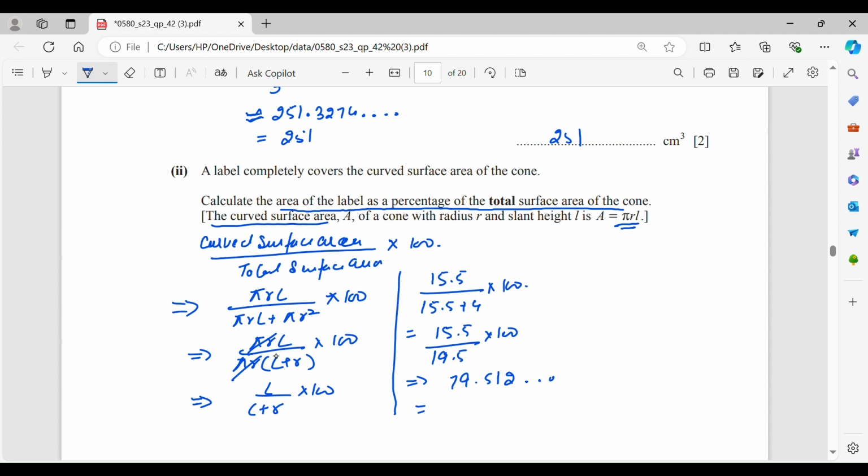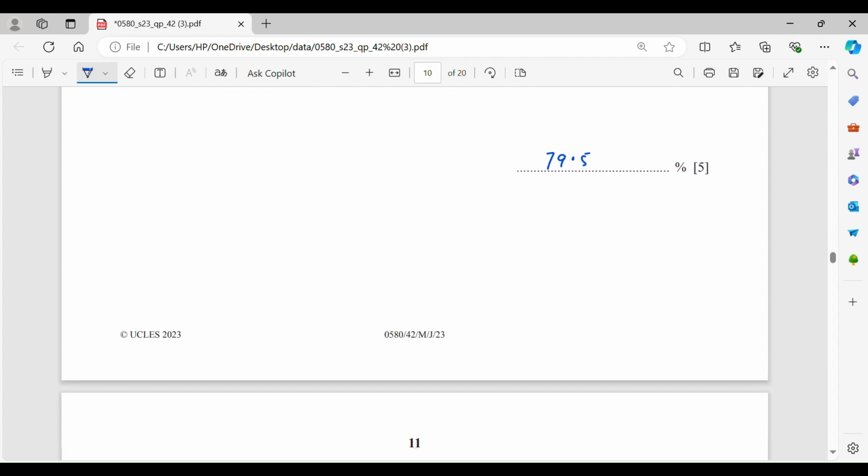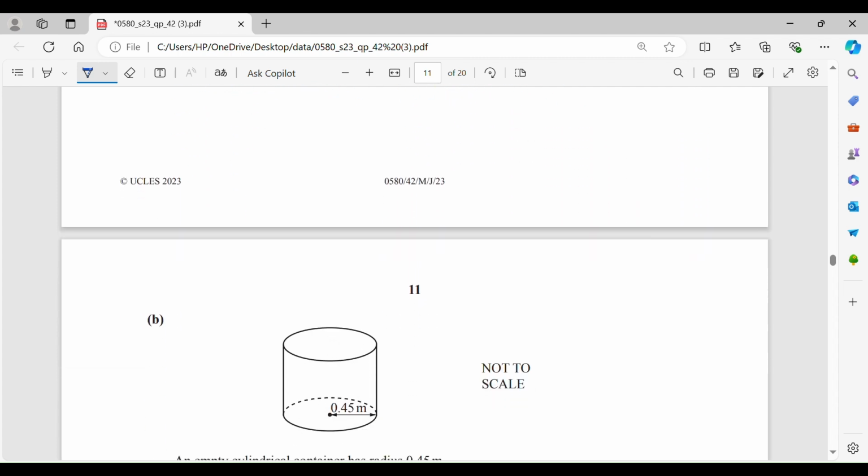So we can take it as 79.5%, right? So our answer is 79.5%. Next is B part.